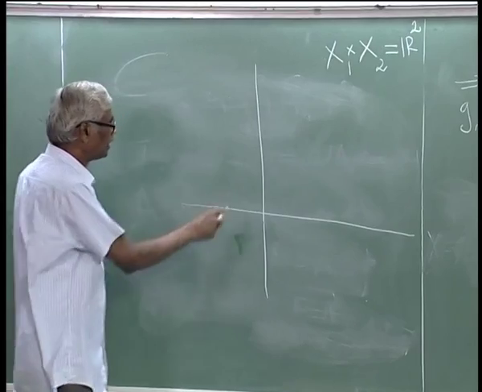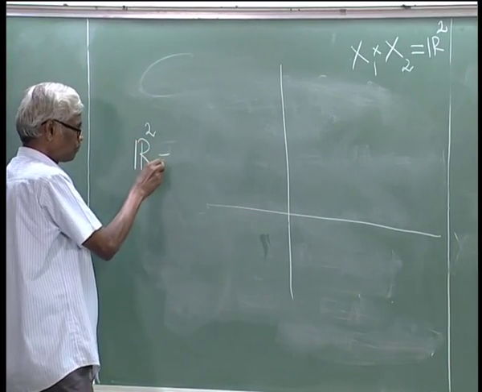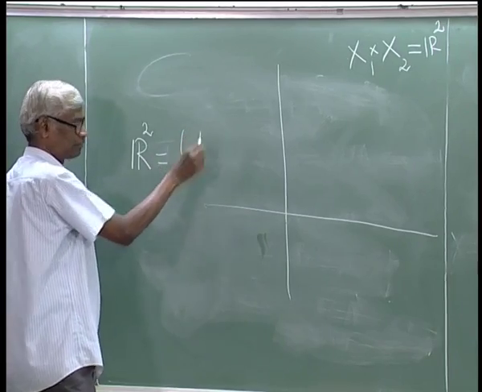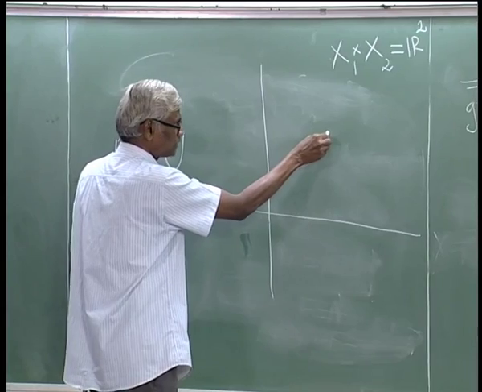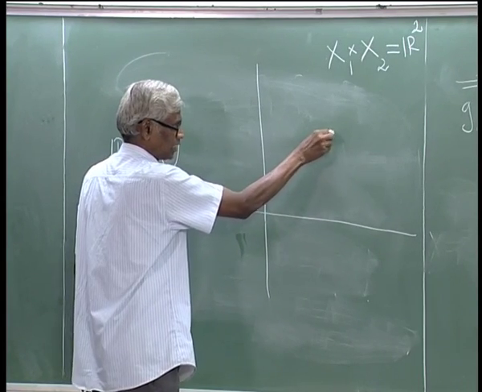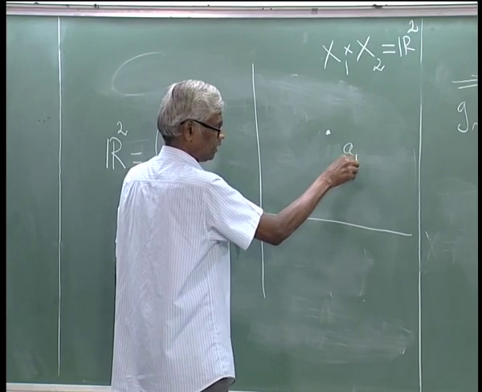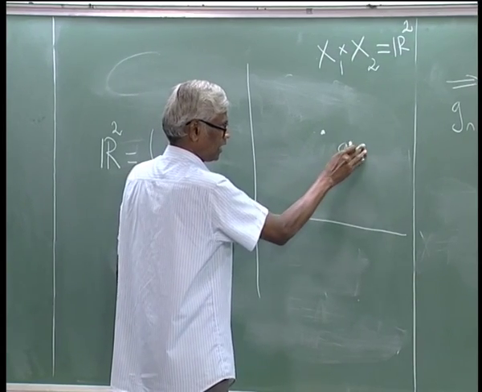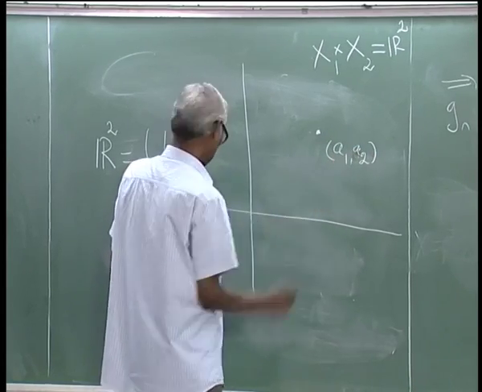We will write R2 as a union of lines. Let us fix one element, say the ordered pair (A1, A2) in R2.